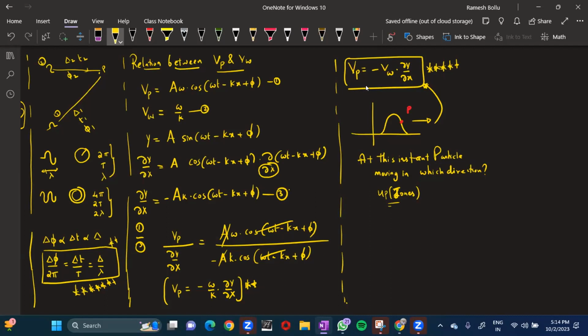Sir, if the wave moves right side, it means the particle of the medium vibrates in perpendicular direction. So I told upside direction, sir. Repeat, I didn't understand. Sir, as it is a transverse wave, the wave moves right side direction. The particle of the medium vibrates in perpendicular direction, sir.